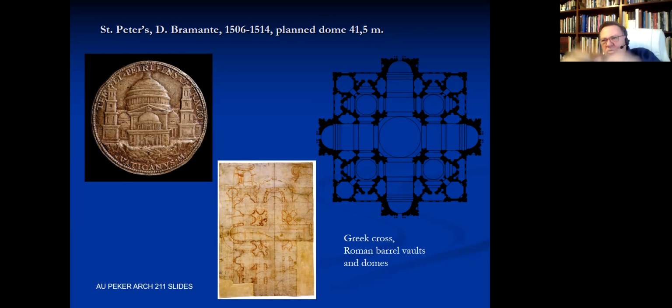But as I told you before, the idea comes from a cosmological concept, 4 directions, değil mi? 4 directions, east, west, north, south. Cross is a representation of the 4 directions, and these 2 axes, juxtaposed axes, give us the movement of the sun in its course from east to west, değil mi?